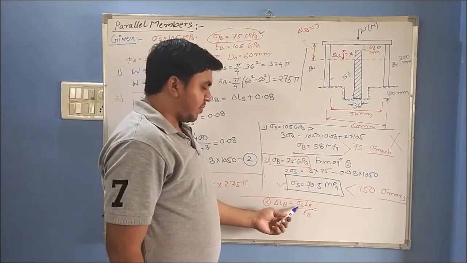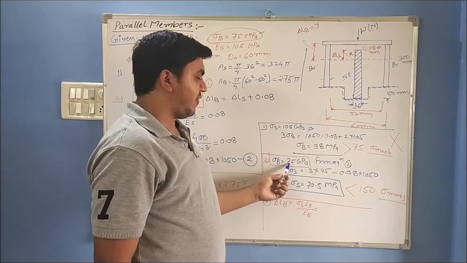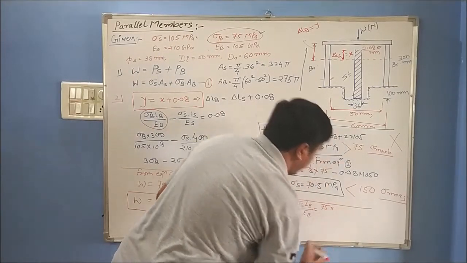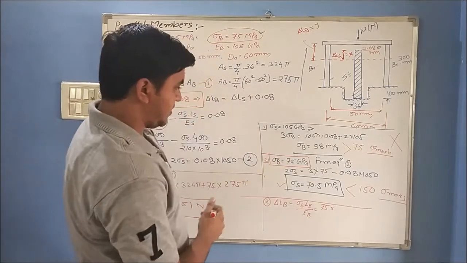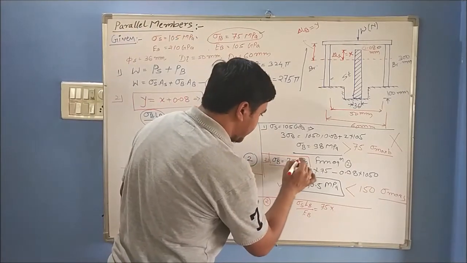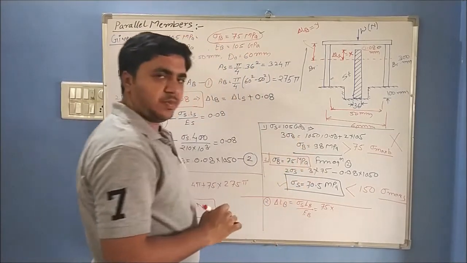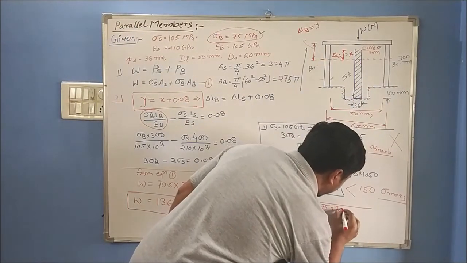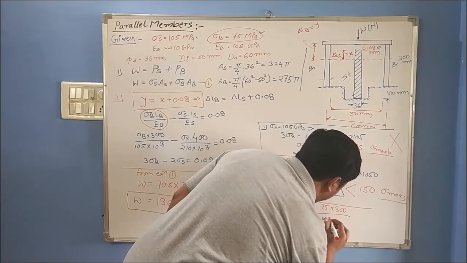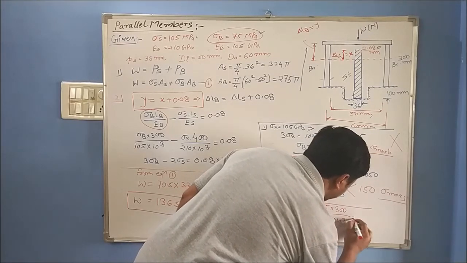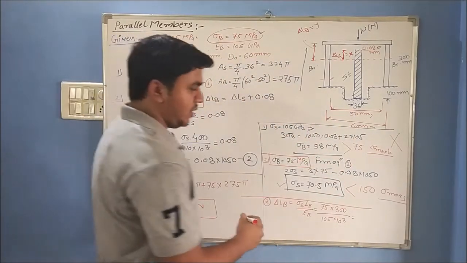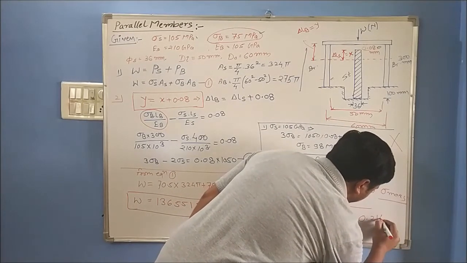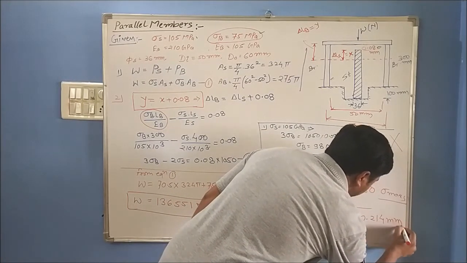So total stress of brass कितना है आपके पास? 75 MPa, multiplied by length of brass, given as 300 mm, upon 105 into 10 to the power 3. So if you solve this one, you will get the value as 0.214 mm.